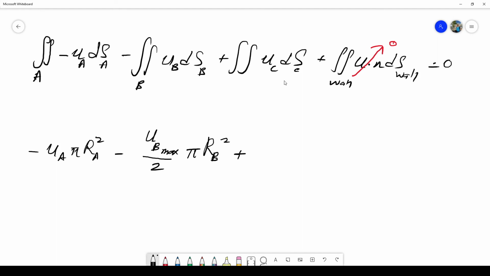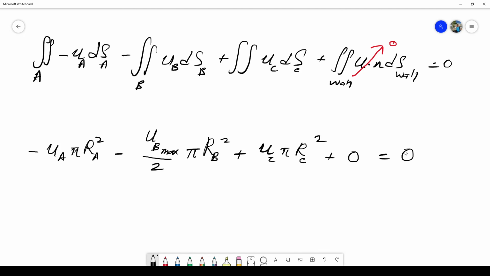Plus, if we integrate UC dS, we get something similar to the mass flow at station A. So we have UC pi RC square, plus 0, which is the contribution from the wall, and all of this will be equal to 0.